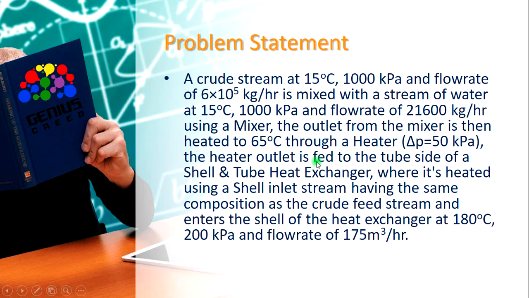The heater outlet is fed into the tube side of a shell and tube heat exchanger, where it is heated using a shell inlet stream, excuse me, having the same composition as the crude feed stream, and enters the shell of the heat exchanger at 180 degrees Celsius and 200 kilopascal, and this flow rate.